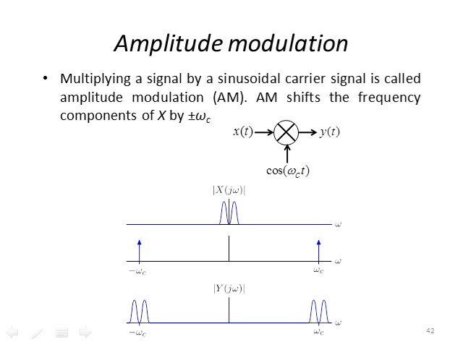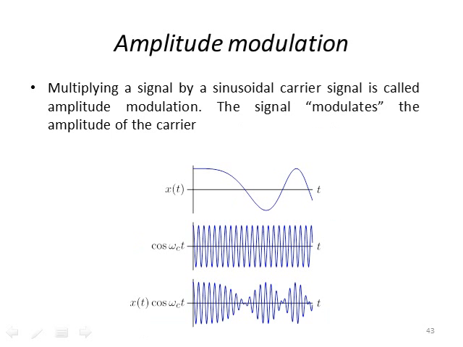Now, you remember our discussion of doing DC types of measurements, low frequency measurements, at higher frequencies to get rid of the 1 over f noise problem. And this is an exact type of method that allows us to take our low frequency signal, modulate it to higher frequencies, and then do our computation, and then we don't suffer from this 1 over f noise when we do our final determination of the sensor signal.